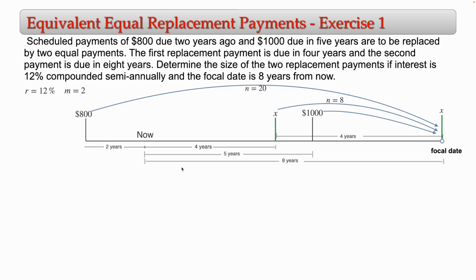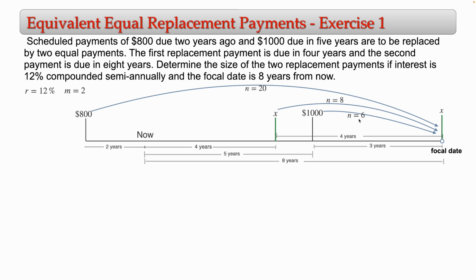So you will agree with me that there are 3 years here, 8 minus 5. So these 3 years are important, because if I know this time, I can multiply by the number of periods, and I know the total number of compound periods between this 1,000 and this focal date. And I notice that there are 6 of them. So n equals 6.